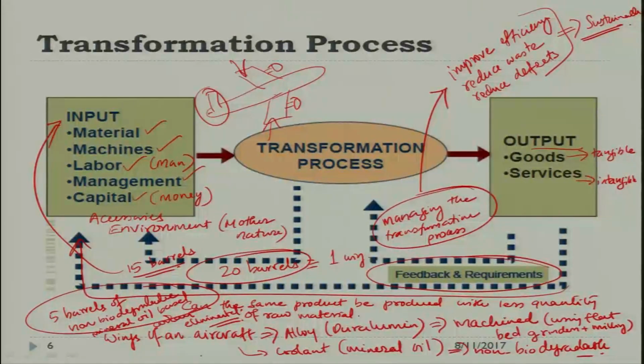Also, you have helped the process because you only require 15, not 20. So the people who manufacture these coolants do not need to produce 20 barrels anymore, they only need to produce 15 barrels, and because of that their energy requirements, manpower requirements, everything come down.